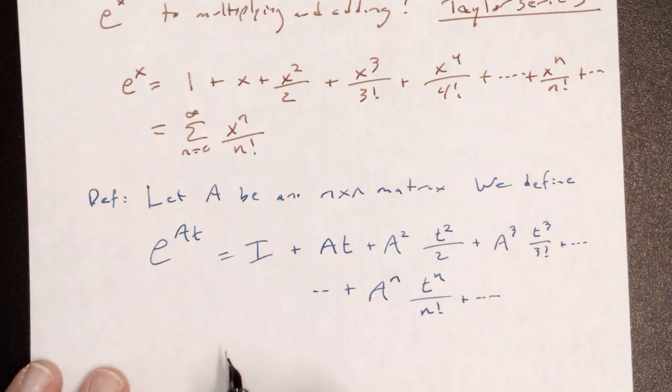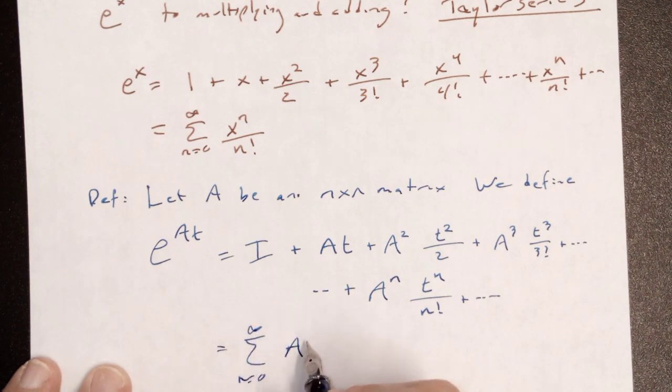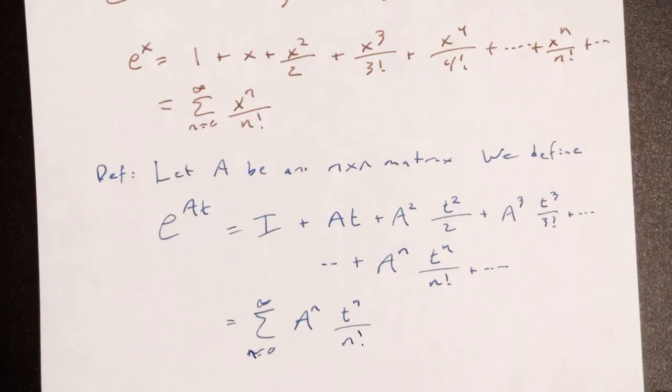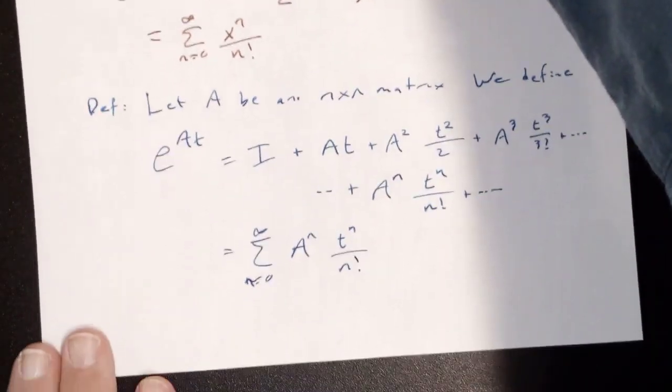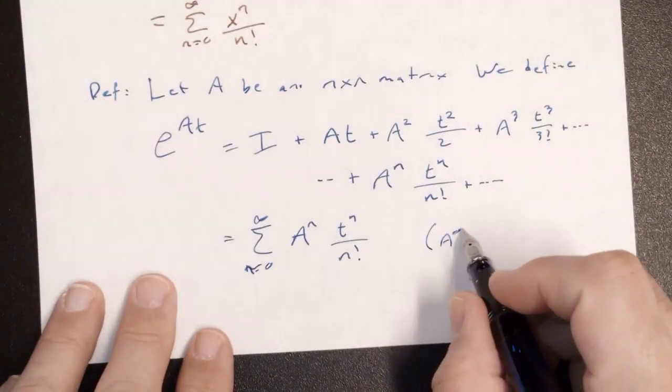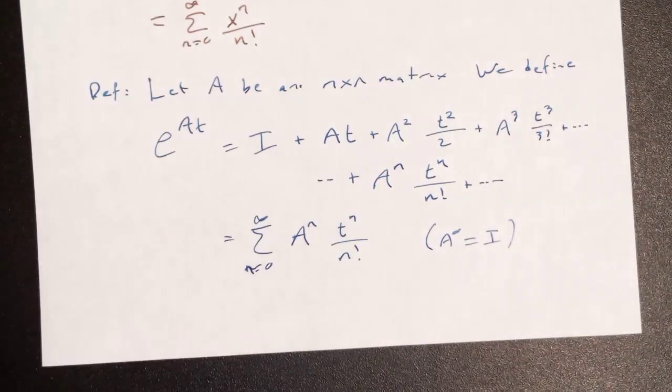And I can write exactly the same summation, n equals 0 to infinity, A to the n, t to the n over n factorial, as long as I remember that A to the 0 is the identity matrix.